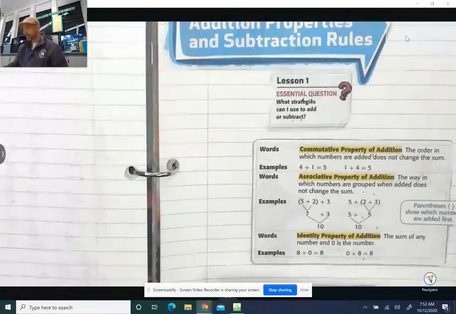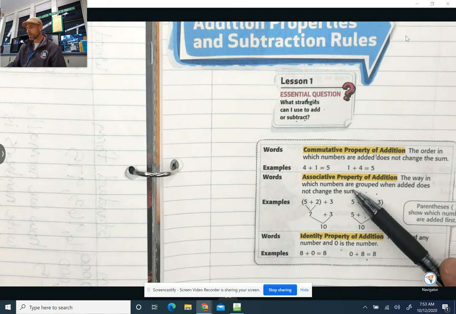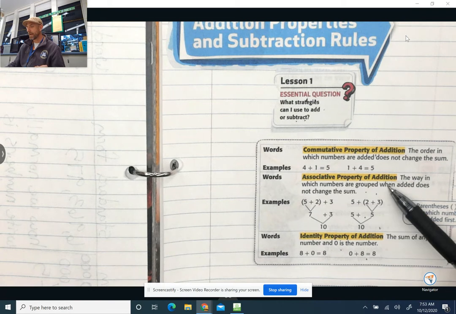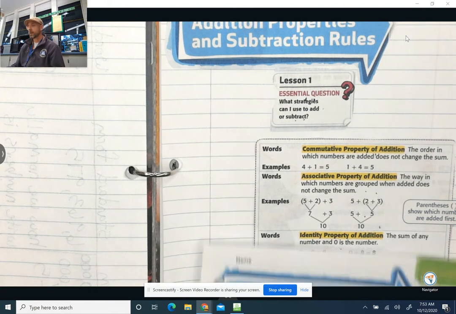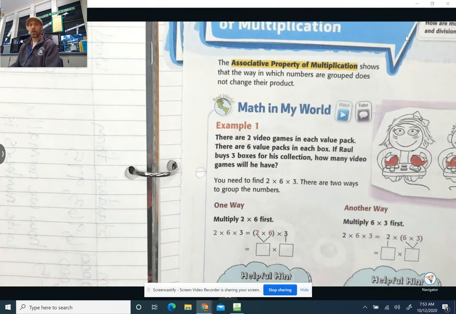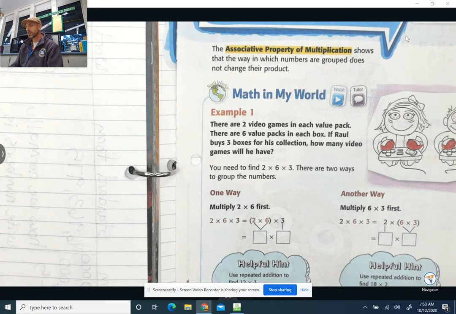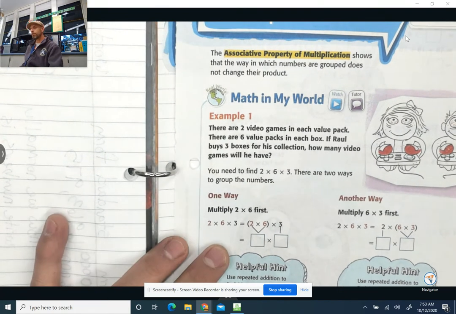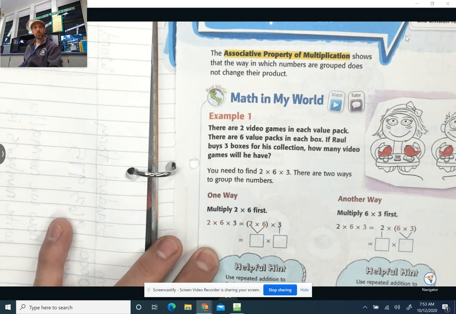Here, it was the numbers, no matter which way the numbers are grouped when added, it does not change the sum. So they are very, very similar, except now we're going to be multiplying when we decide to look at the associative property.